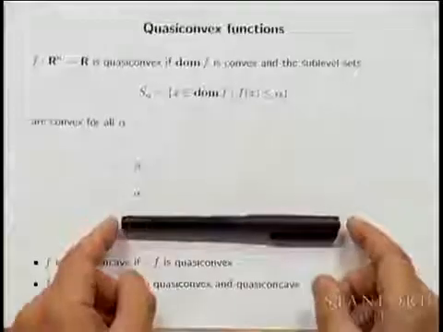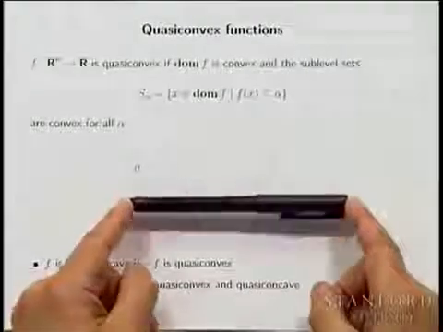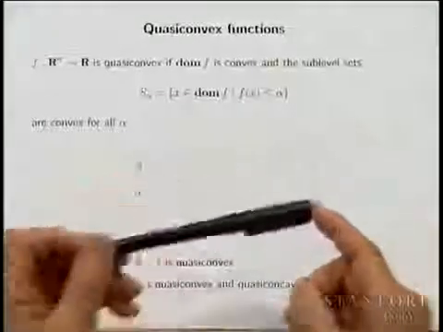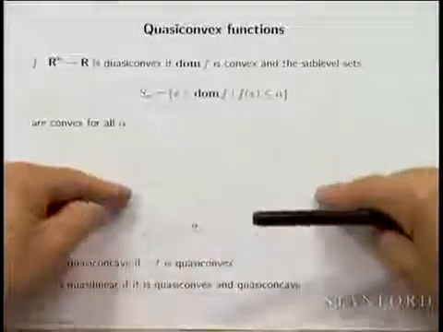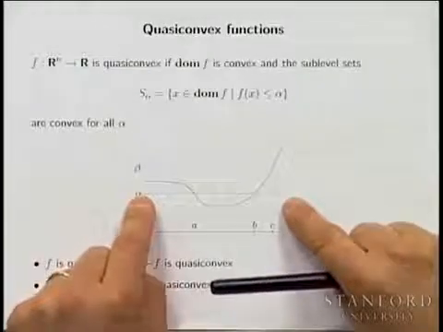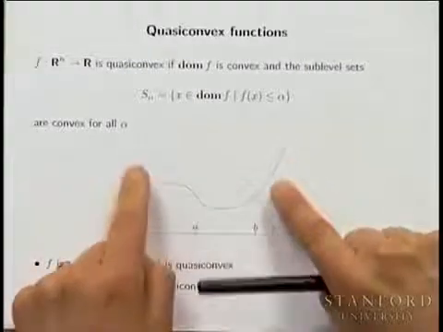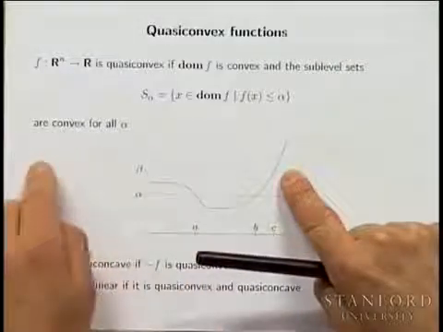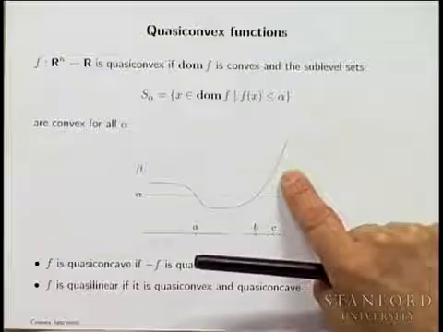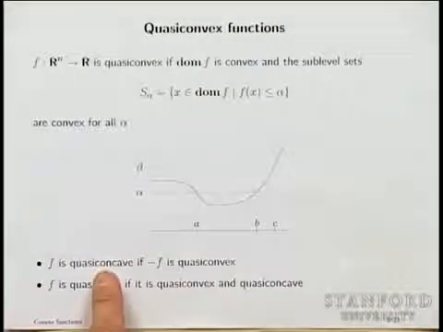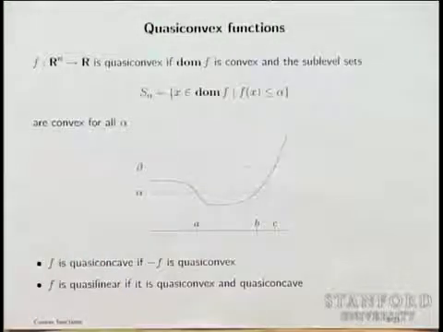To get a sublevel set, you just put a threshold, like a fishing line across here, and you can see, for example, the alpha sublevel set is an interval. The beta sublevel set, assuming this continues indefinitely, is a half-infinite interval, but it's convex. And you call something quasi-concave if the superlevel sets are all convex.